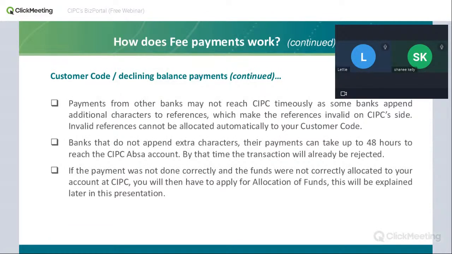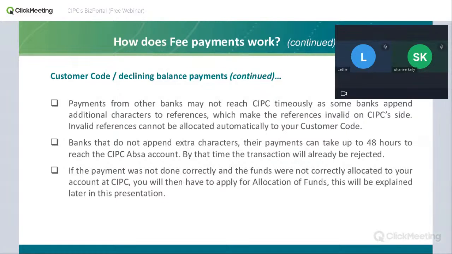Invalid references cannot be allocated automatically to your customer code. For banks that do not append extra characters, their payment can take up to 48 hours to reach the CIPC Absa account. By that time, the transaction will already be rejected.